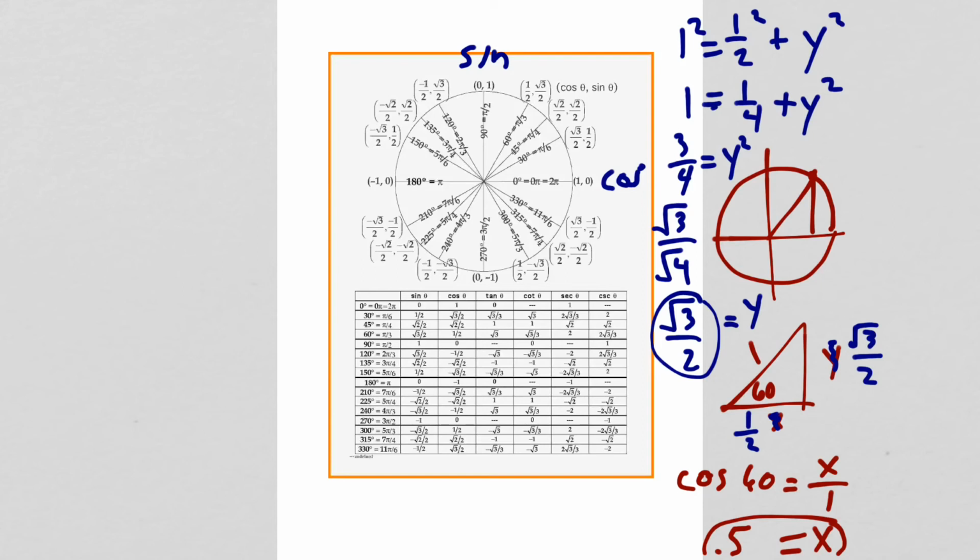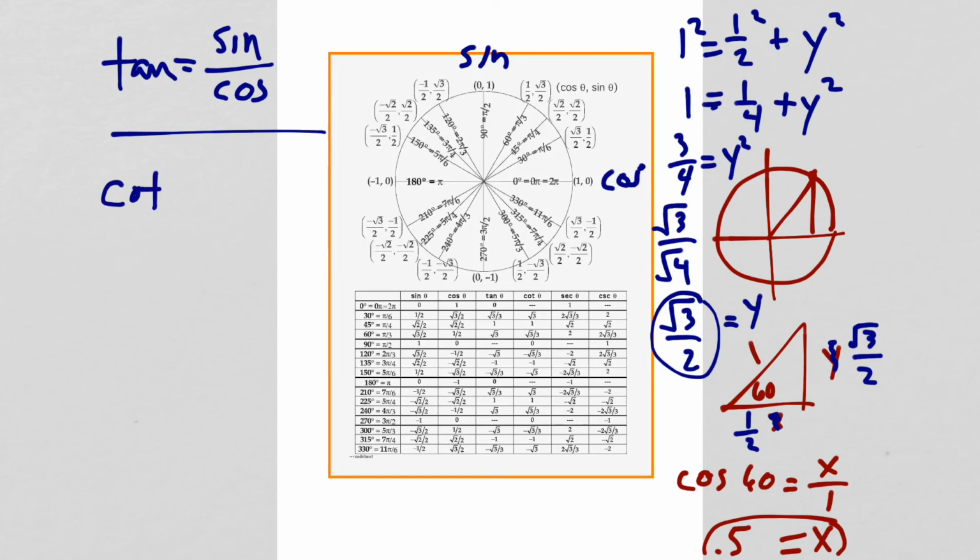Okay, so utilize that to find the exact value. Now, some of these over here, tangent. So just a shortcut here on tangent. Tangent is really equal to the sine over the cosine. The cotangent is equal to the cosine over the sine.